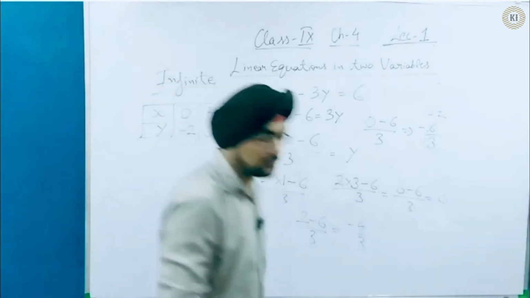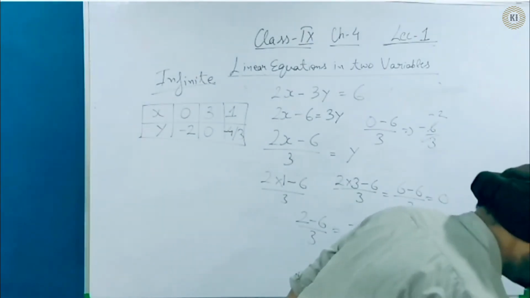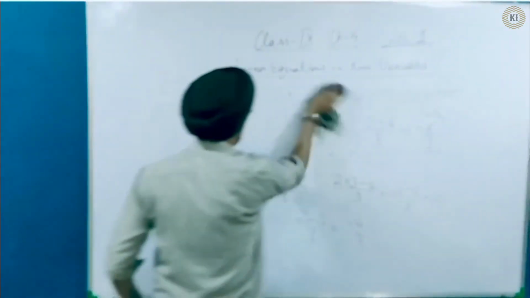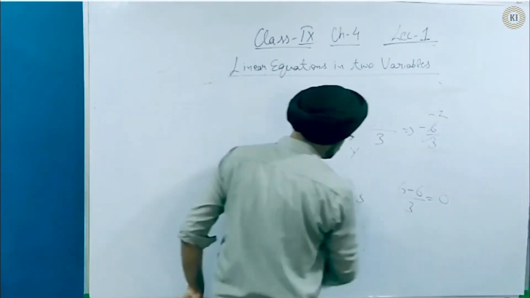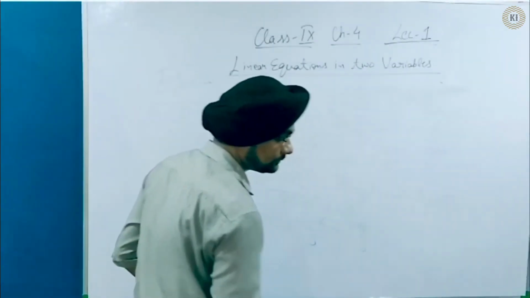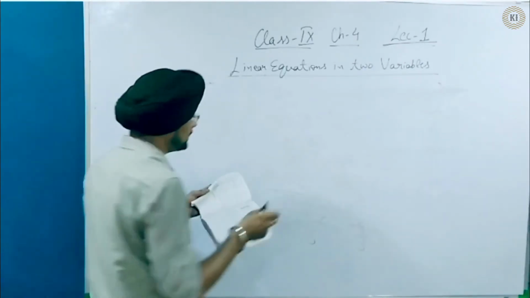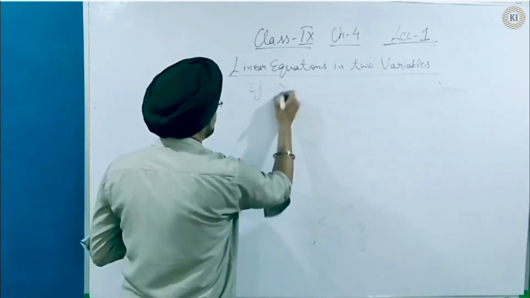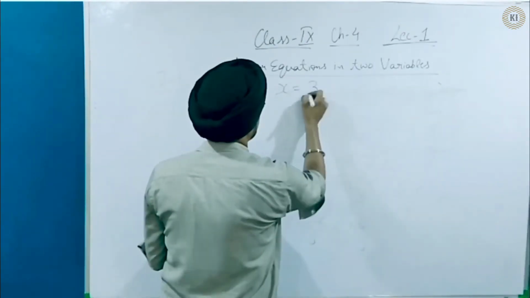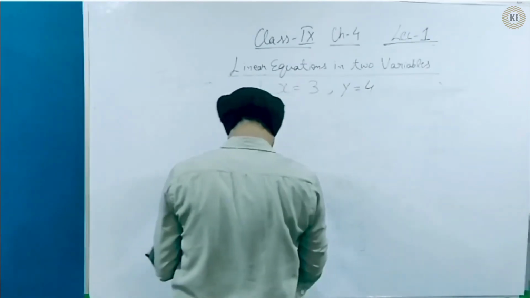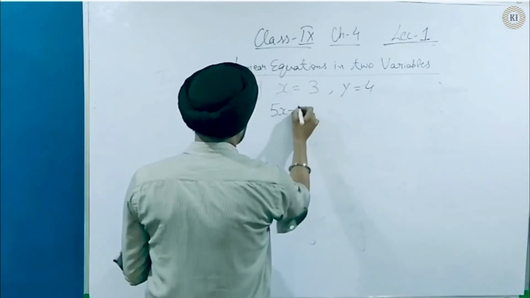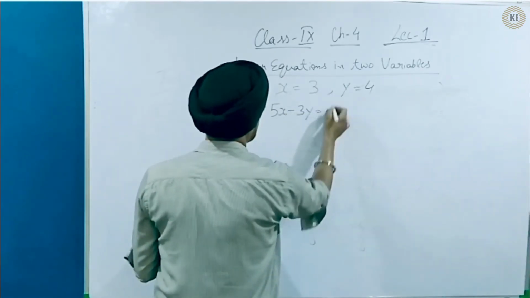The next type of question which you will get is, if x is equal to 3 and y is equal to 4 is a solution of the equation 5x minus 3y is equal to k.